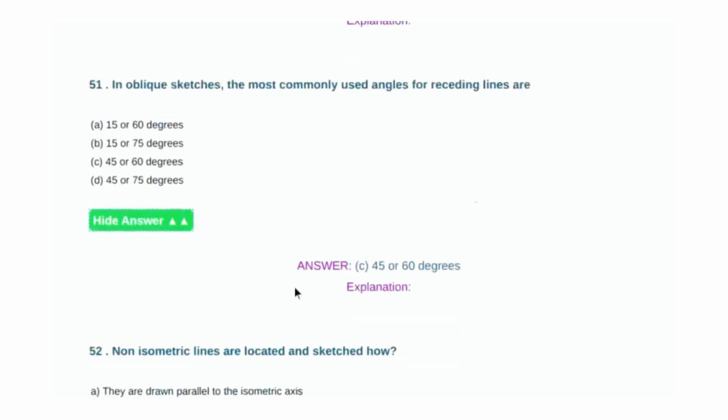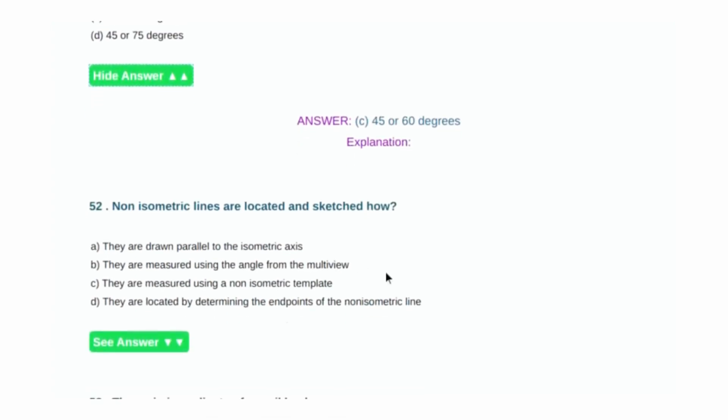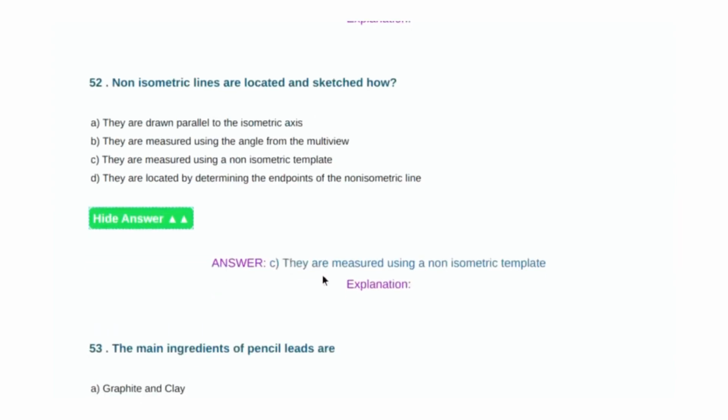Option C. Non-isometric lines are located and sketched how? They are drawn parallel to the isometric axis. They are located by determining the endpoints of the non-isometric line. They are measured using a non-isometric template. Option A.